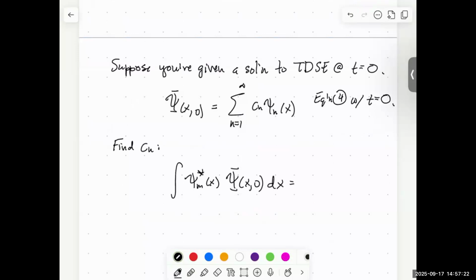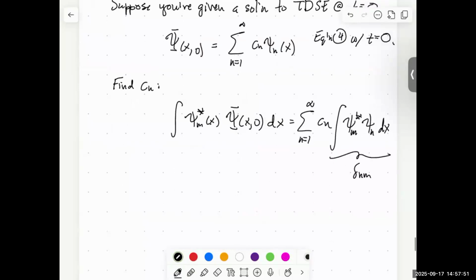It's right here. We just put them in, and it's equal to the sum of n = 1 to infinity, our coefficients, and then our integral, psi m star, psi n dx. But this, we already know, is delta nm. And then the sum of c times the delta function is just going to select that one value, Cm.